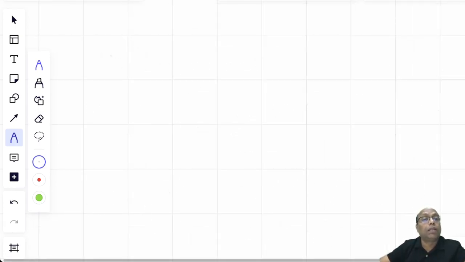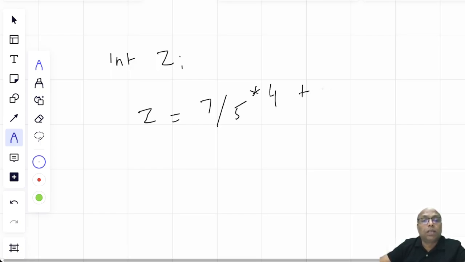So let's solve some more problems here. We need to understand this operator very well. So I am going to write integer z is equal to 7 by 5 into 4 plus 3 minus 2 by 5. How is the expression solved in this case?